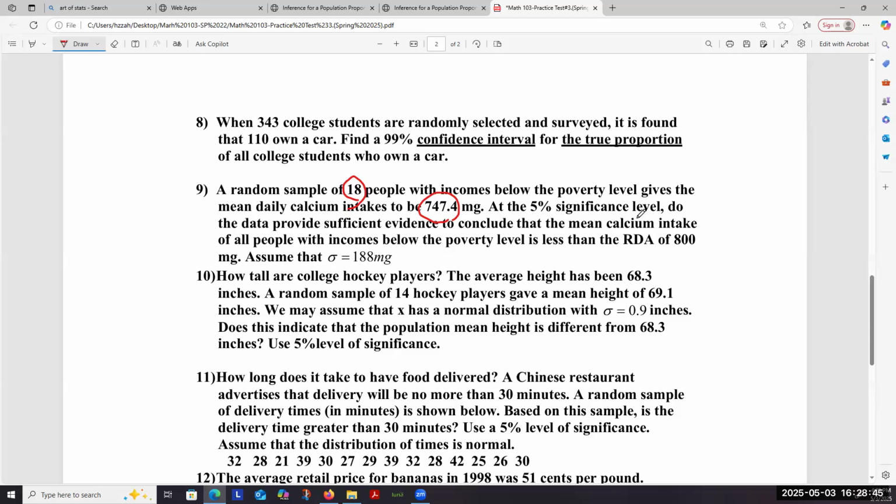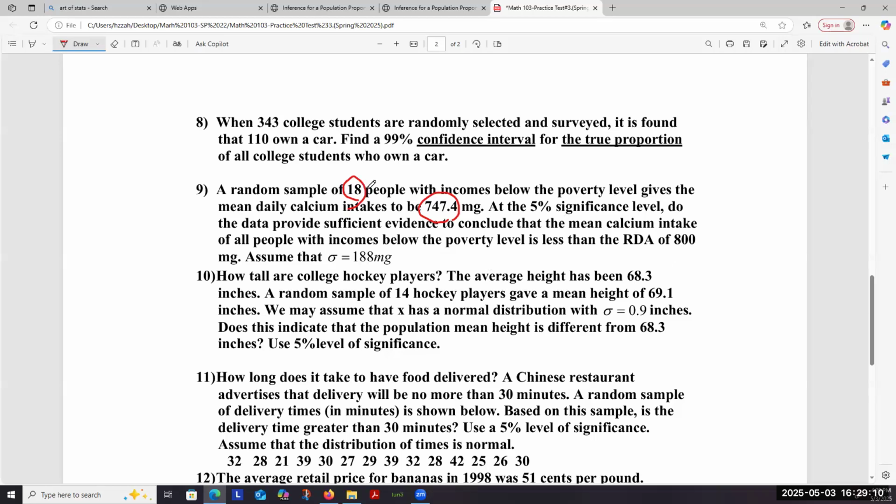Do the data provide sufficient evidence to conclude that the calcium intake for those people with a low income is less than the national level, which is 800? And the sigma is given to you. So the national average is 800 milligrams.